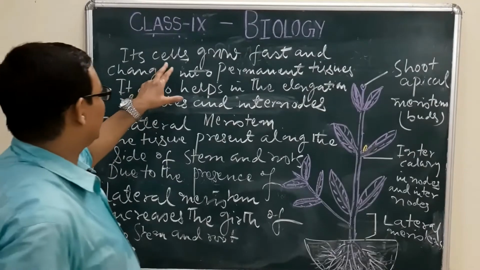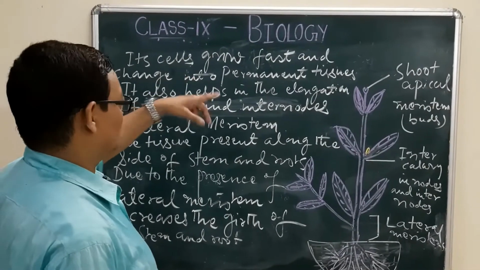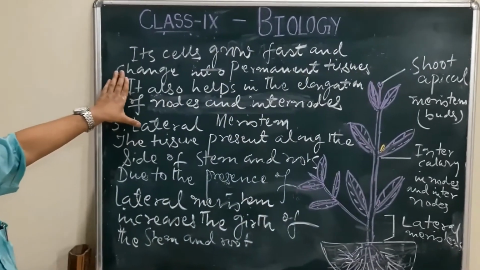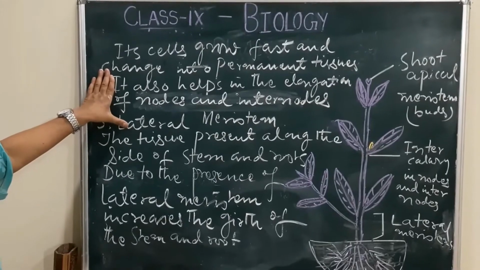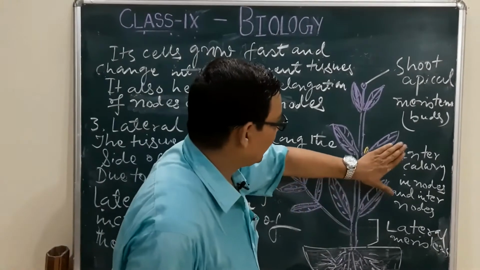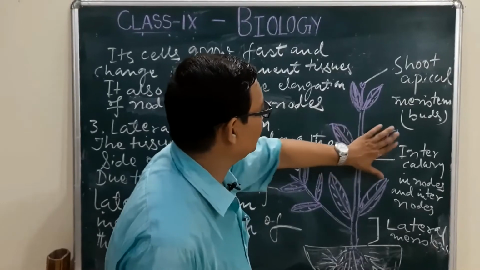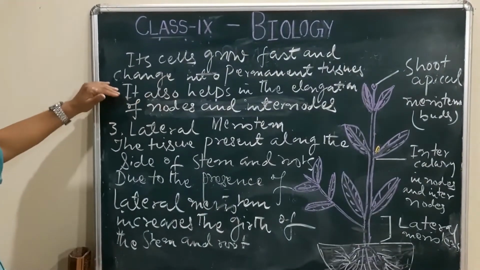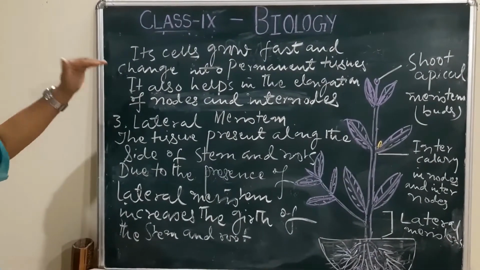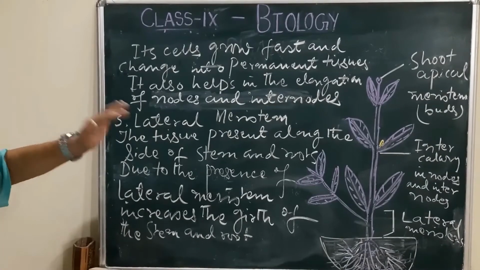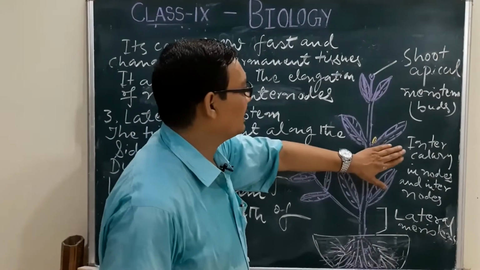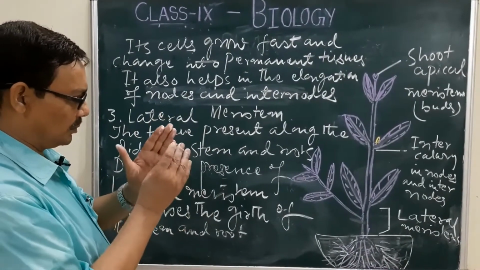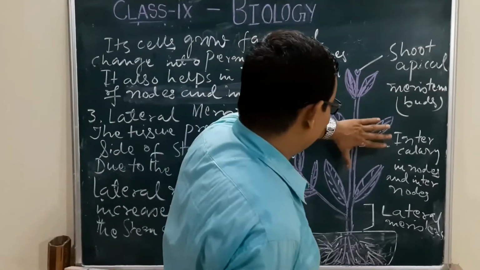It is related with the growth of the branches and twigs of the plant, because it is mainly present at the base of the leaves, on the nodes. That is why it is mainly related with the growth of those different parts which you may see here.